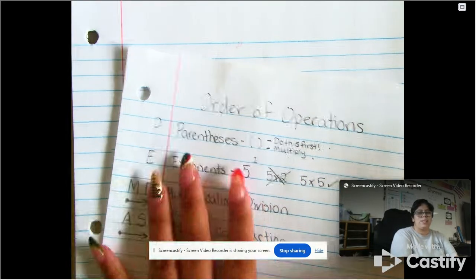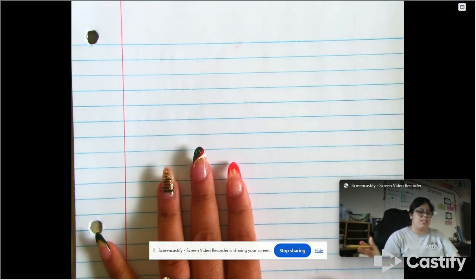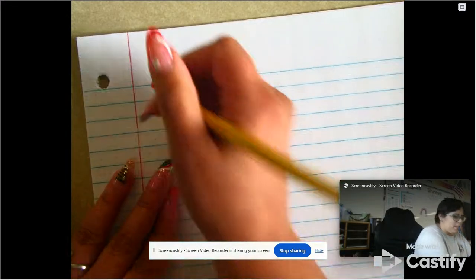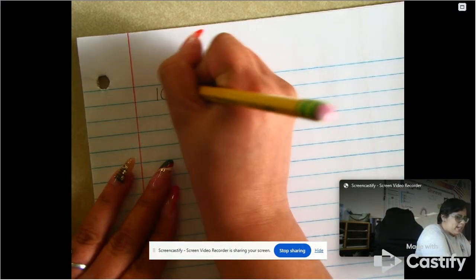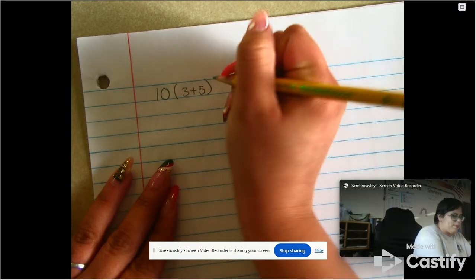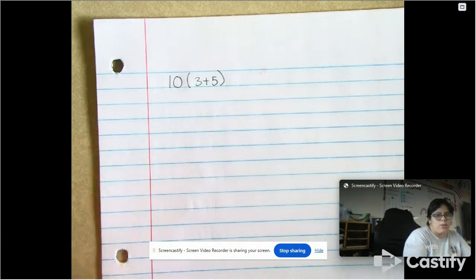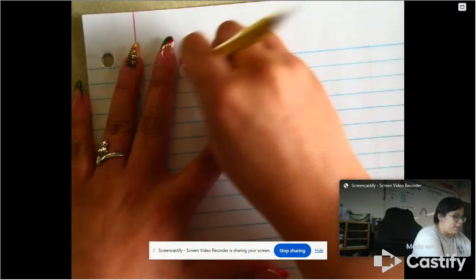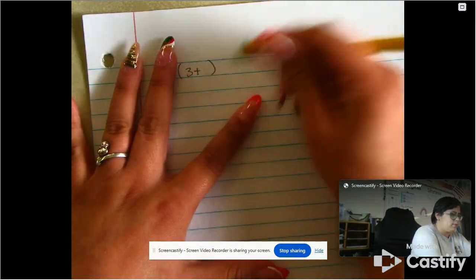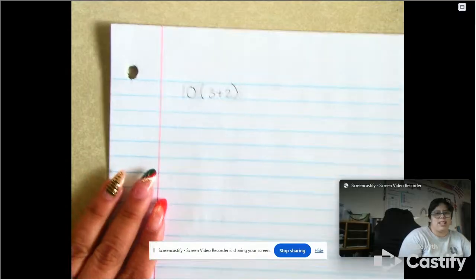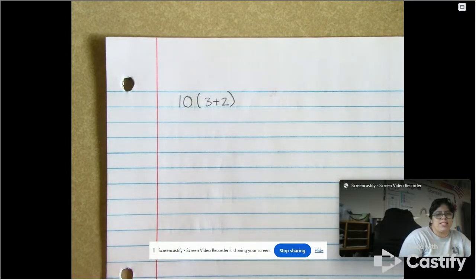That is because of the examples we've been doing, where we have something like 10 and then parenthesis 3 plus 5. Oh, excuse me, I put the wrong number in here, I'm sorry. 3 plus 2. I got ahead of myself.